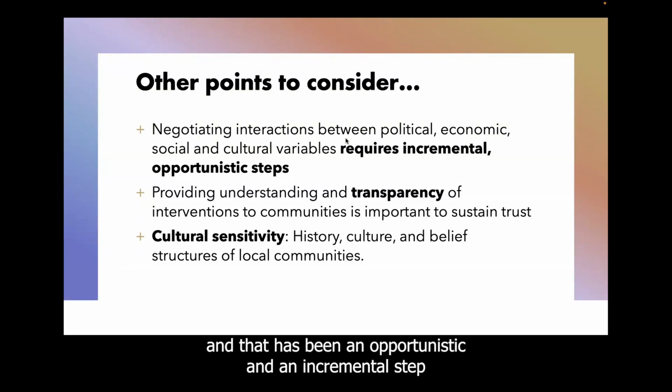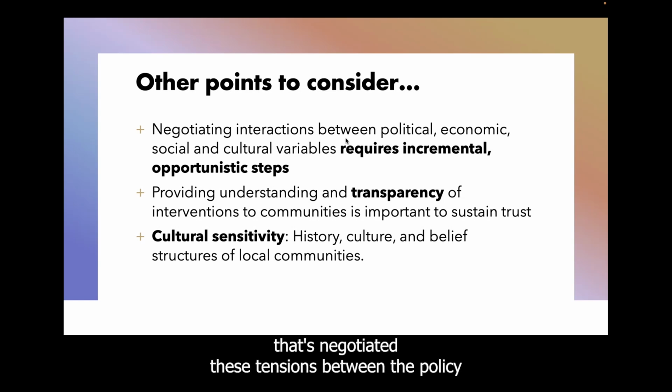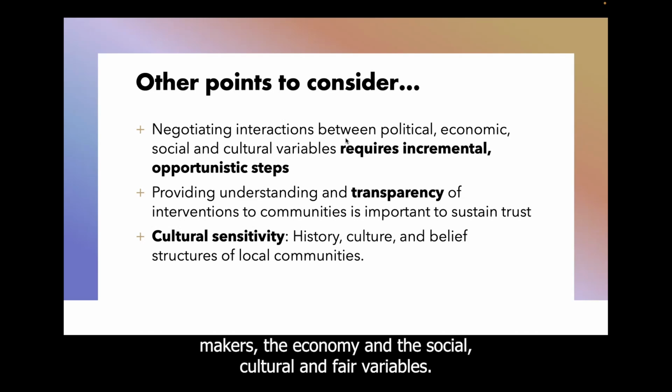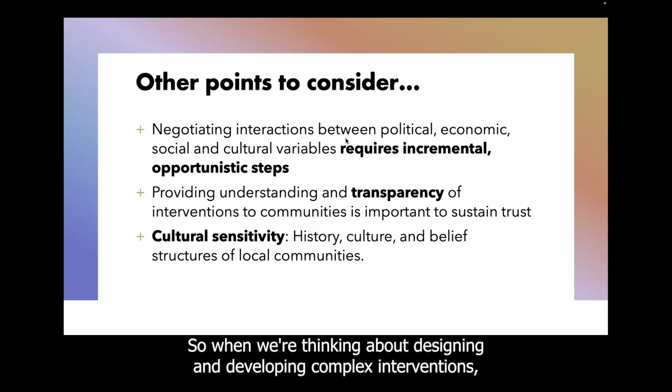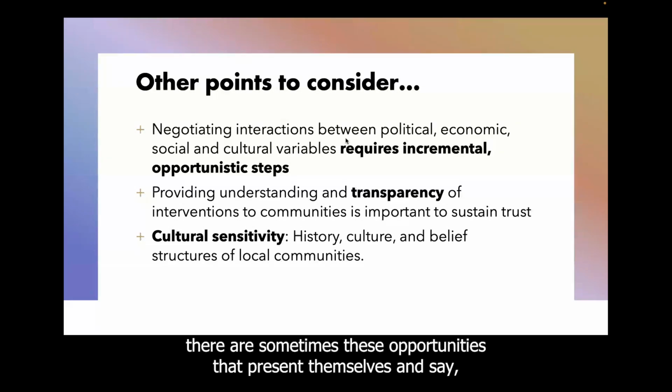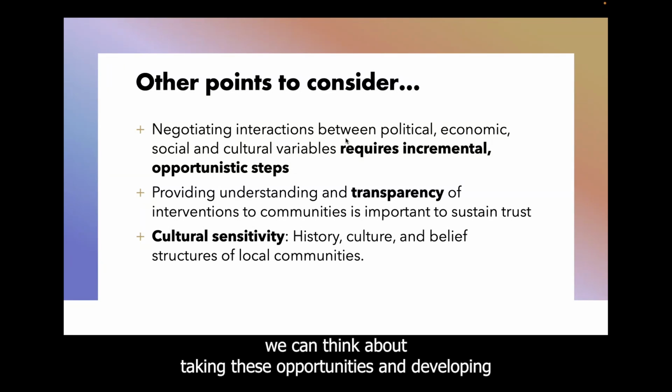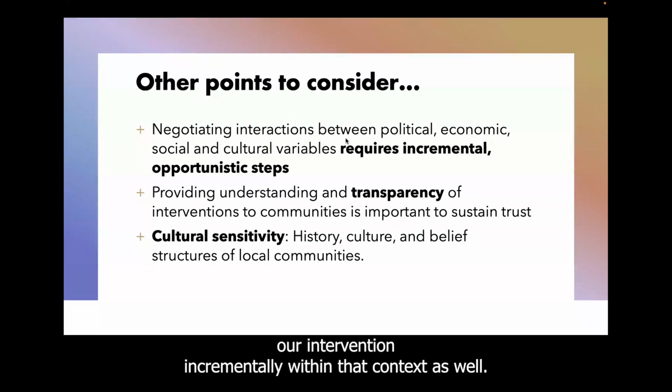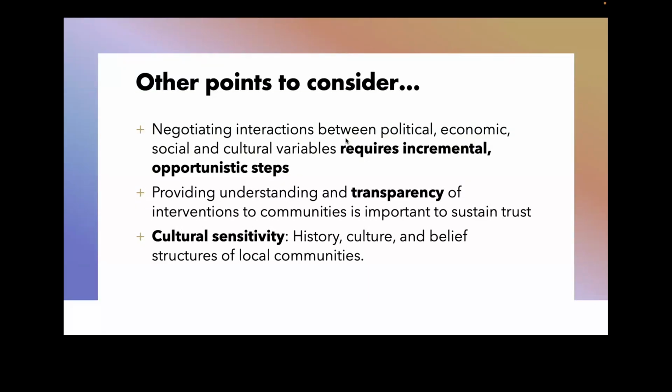And that has been an opportunistic and an incremental step that's negotiated these tensions between the policymakers, the economy, and the social and cultural variables. So when we're thinking about designing and developing complex interventions, there are sometimes these opportunities that present themselves. And so we can think about taking those opportunities and developing our intervention incrementally within that context as well.